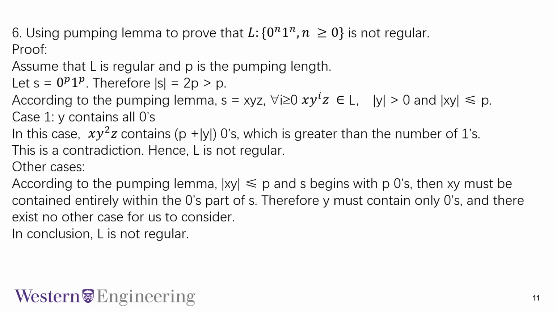In this case, X Y squared Z contains P plus |Y| zeros, which is greater than the number of ones. So the string X Y squared Z doesn't belong to language L. This is a contradiction. Hence, L is not regular.